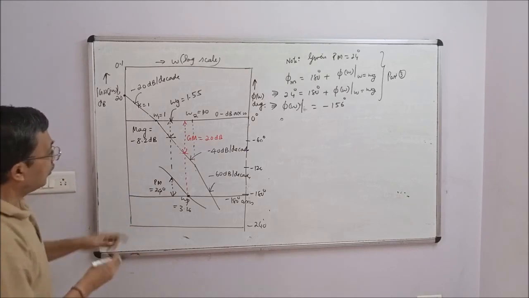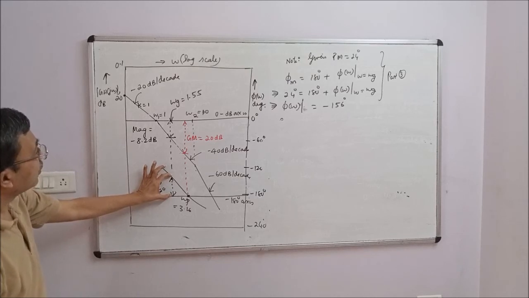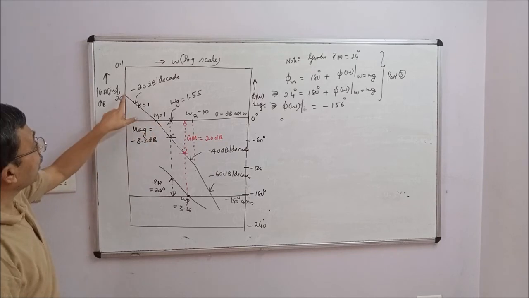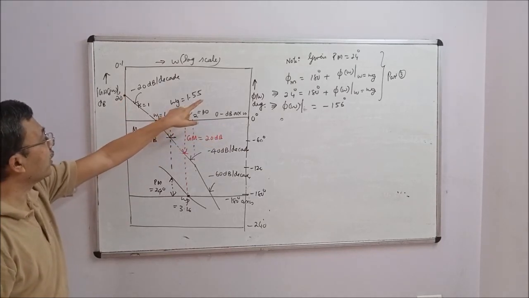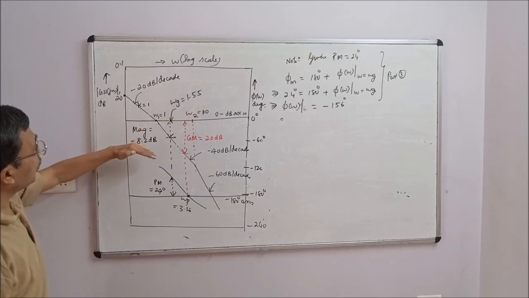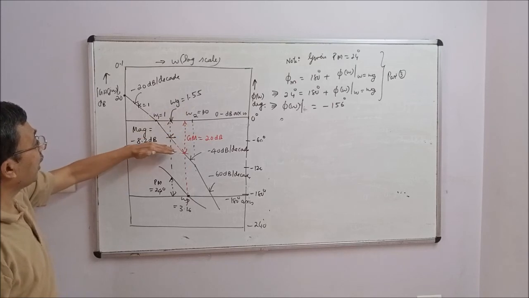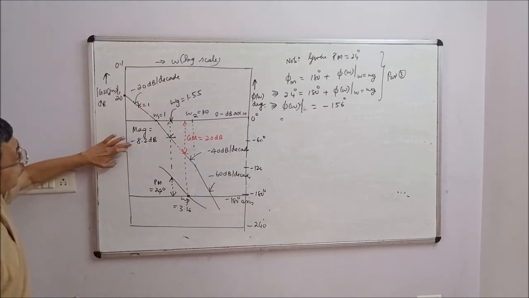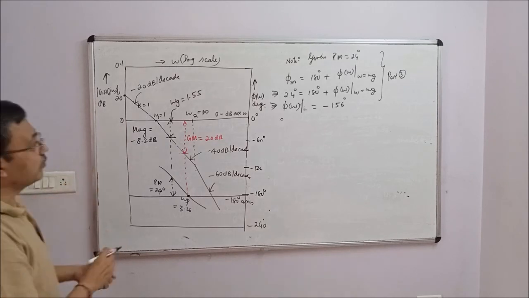I repeat, locate a phase margin of 24 degrees on the phase diagram. To get a phase margin of 24 degrees, the magnitude diagram should cross the 0 dB axis at 1.55. In order to get a crossover frequency of 1.55 radians per second, the magnitude diagram should be pushed up by 8.2 dB. Magnitude is minus, this is not gain margin, this is magnitude. Magnitude below the 0 dB axis is always negative.